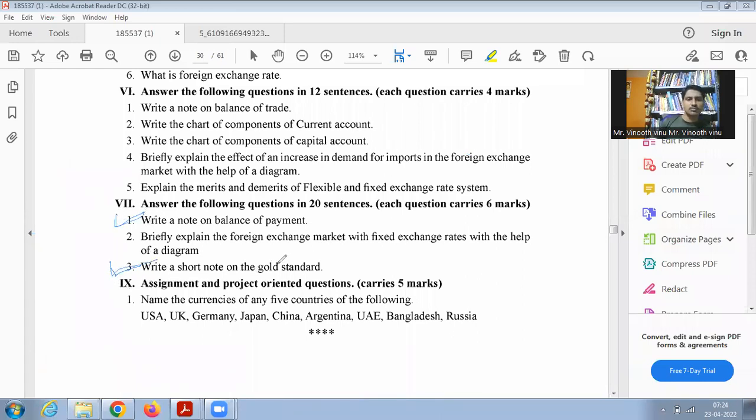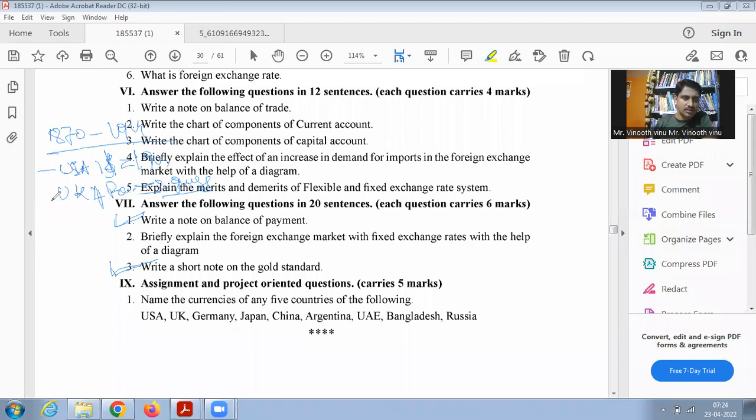Write a note on gold standard. Gold standard means what? Gold standard from 1870 to 1914, when the standard was accepted, all countries declared one particular quantity of gold for their currencies. For example, USA declared $1 is equal to 1 gram of gold, and UK declared 1 pound is equal to 2 grams of gold.